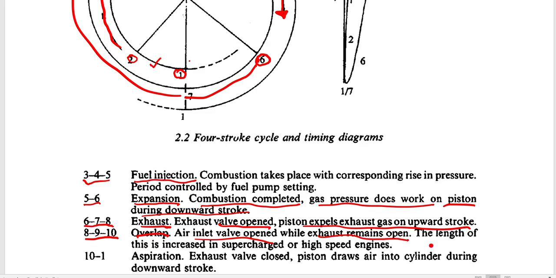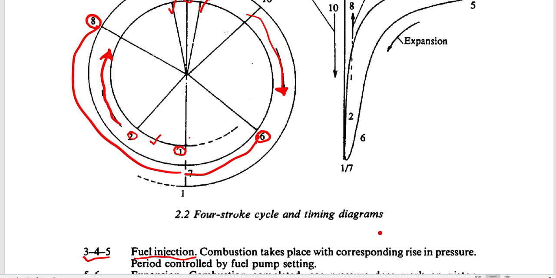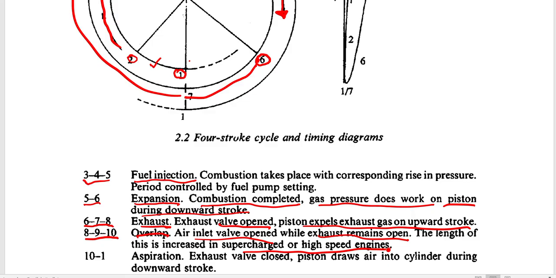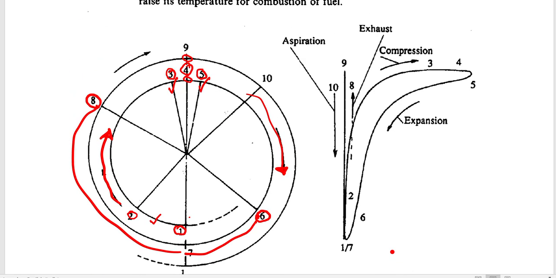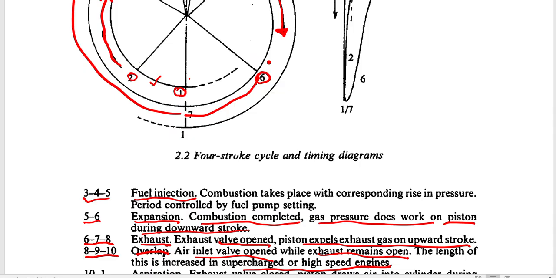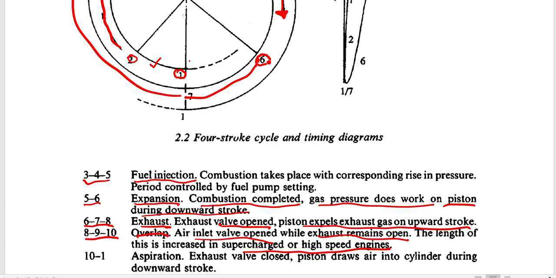This is called supercharging for high-speed engines. Things start from 8, 9, and then up till 10, where inlet and exhaust are both open, and this is the supercharging part. Here we have the upward movement, and finally at this point the supercharging is done.